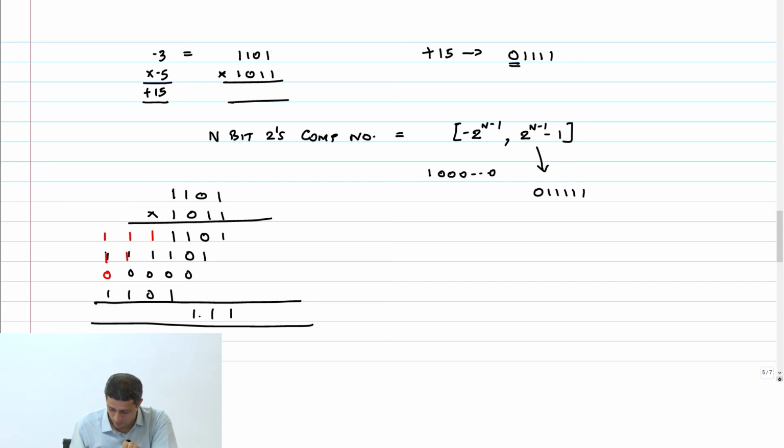1, 1, 1, 1, 1, right? 0, 1. Isn't this what you get? What went wrong?